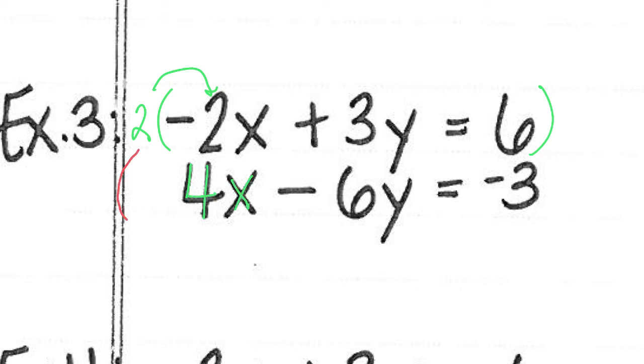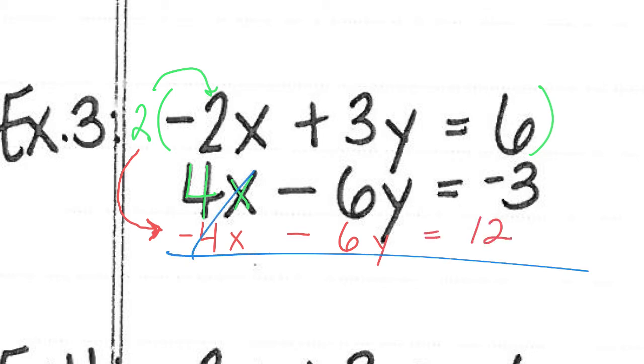So I'm going to show that work right underneath so I can just combine these two. -4x minus 6y is equal to 12. Well, notice when I add down, this cancels out. Sorry, that wasn't a -6y. That should have been a +6y. These cancel out, so I get 0 is equal to 9.